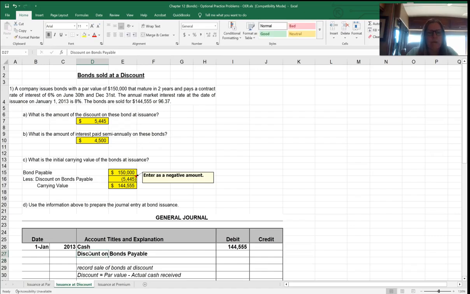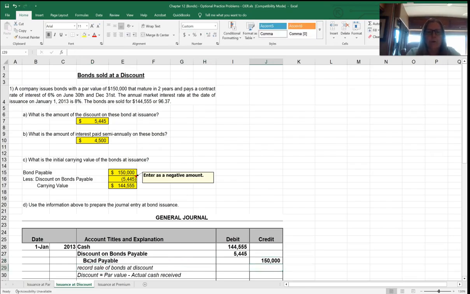It is a contra liability. It's going to reduce the liability, so it has to be a debit. So it carries a normal debit balance. In order to increase it, you're going to debit it. In order to decrease it, you're going to credit it. And we have to record the bond payable at the face value all the time. It doesn't matter whether we sell it at face value, we sell it at a discount, and the next one we're going to do is selling it at a premium.